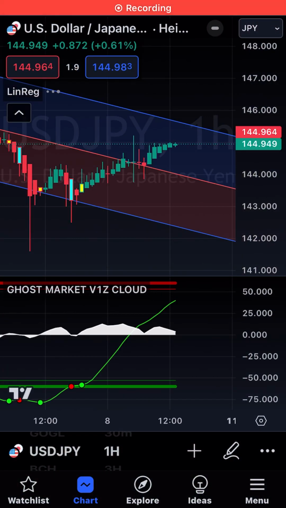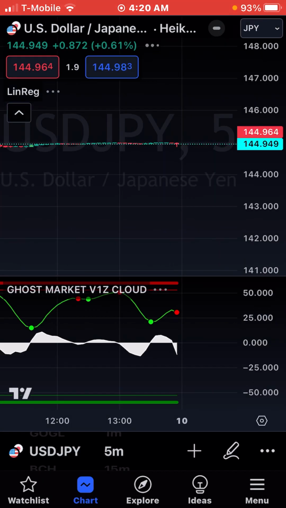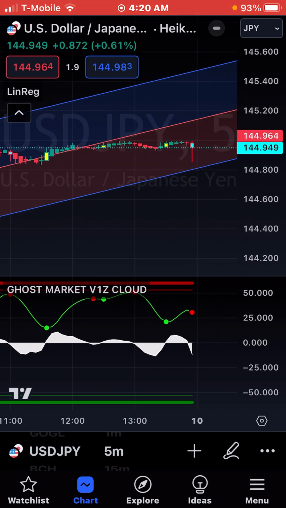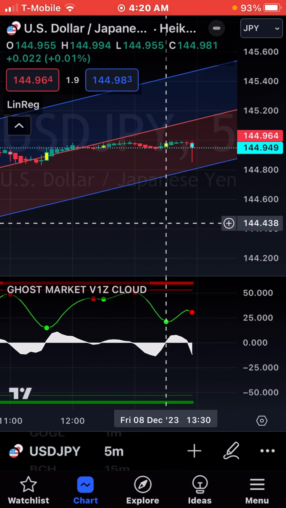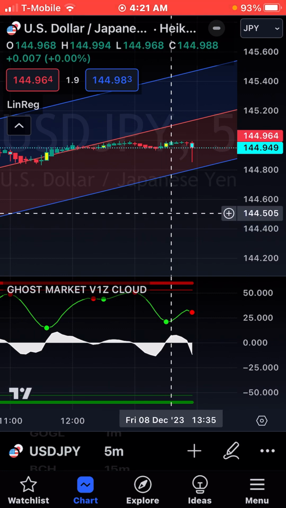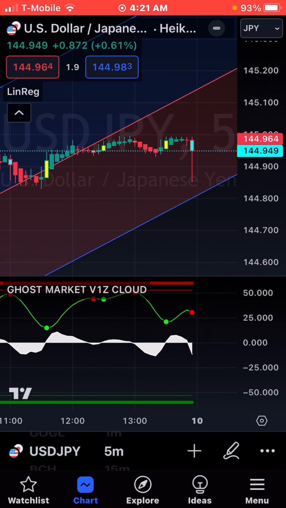I want to try and give you guys my journey, thought process, and the moves that I personally did. So during those 3 days I was focused on the 5-minute, and I was looking at the cloud here on Ghost Market Pro, and every time it looked like it was shifting from down to up, I came in with the trade, and I did little scalps.